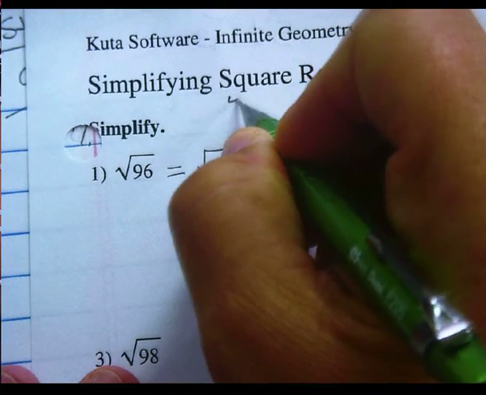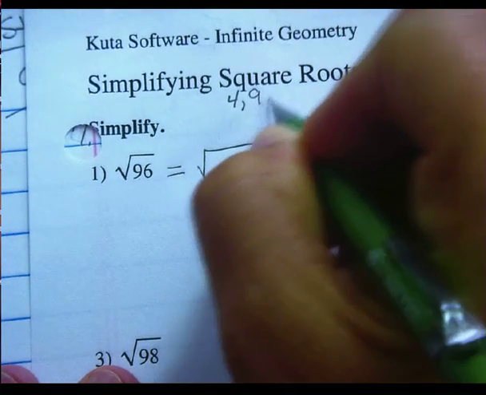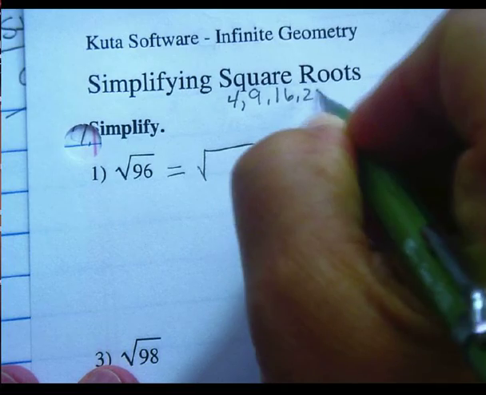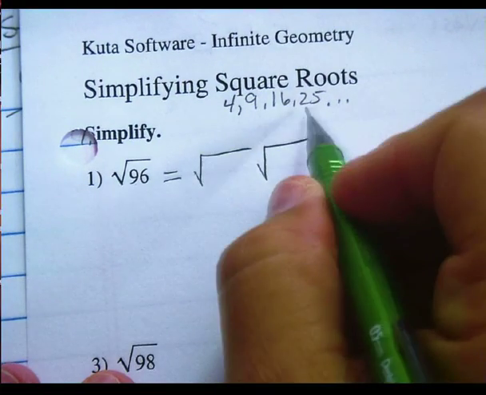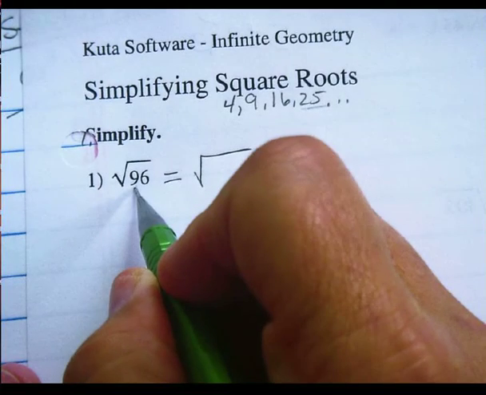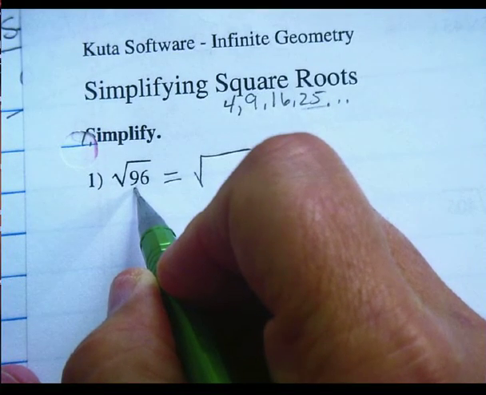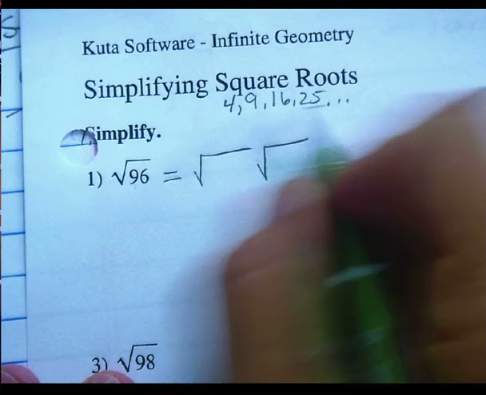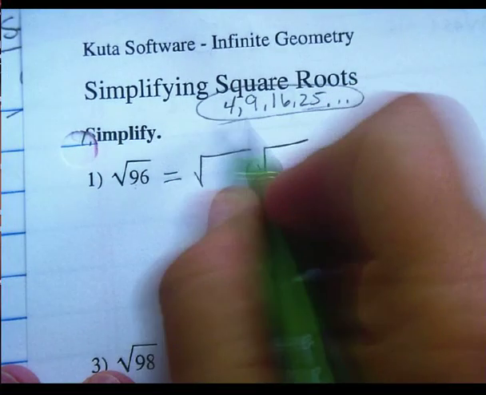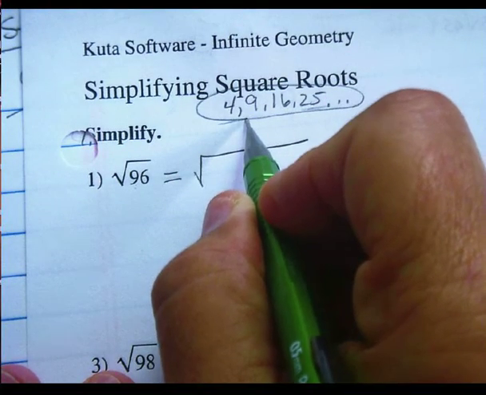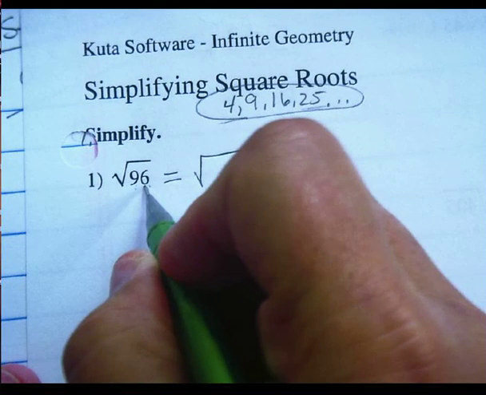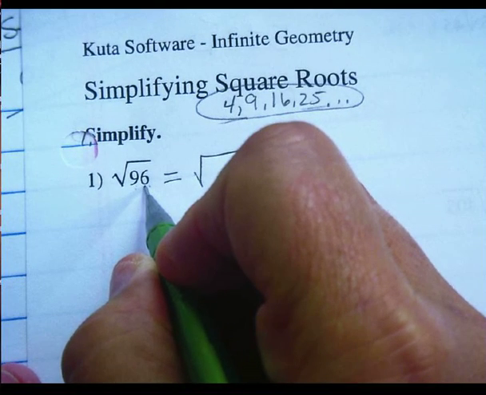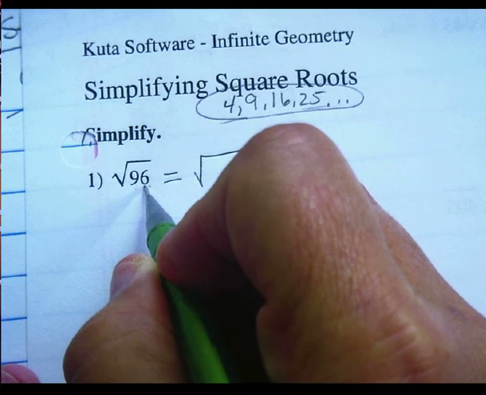Remember, perfect squares are numbers like 4, 9, 16, 25, etc. So I'm trying to find the largest perfect square that goes into 96. I have to have one of the factors be from this perfect square list. Has to be. So if I'm looking at 96, I know 81 doesn't go into it, or 49, 36 doesn't.